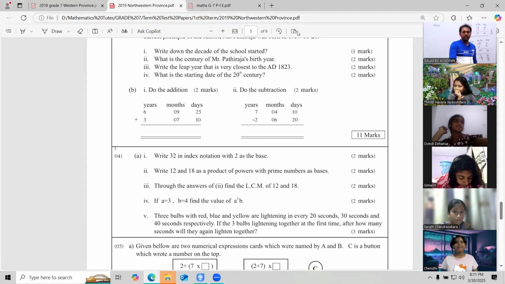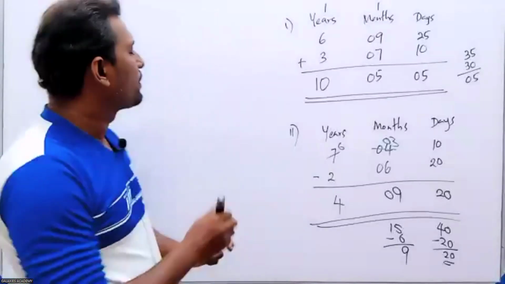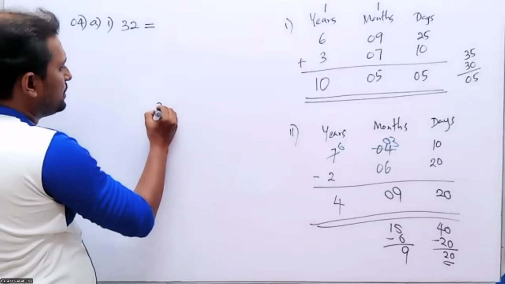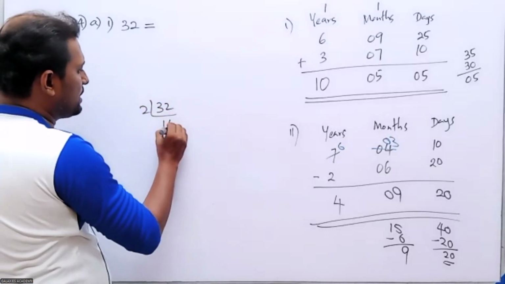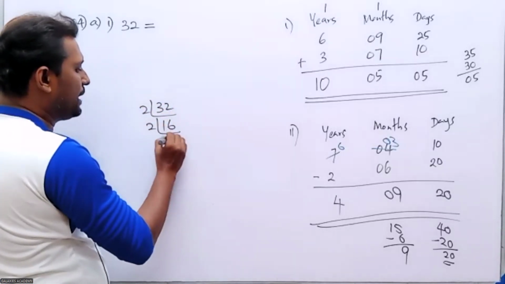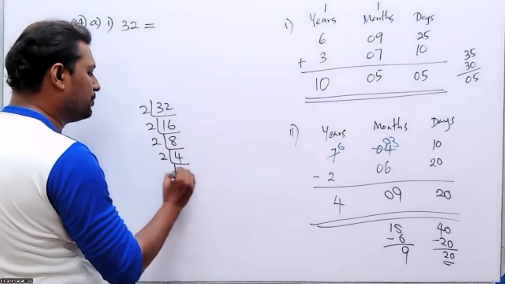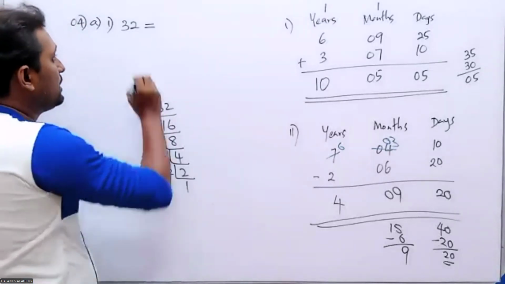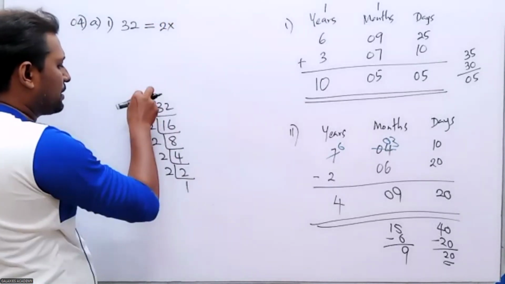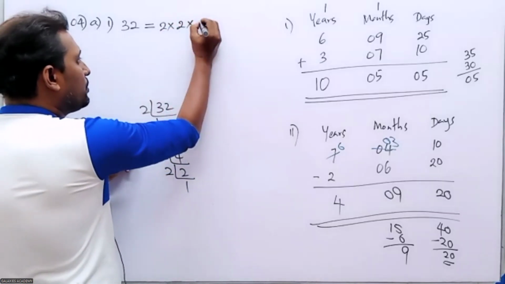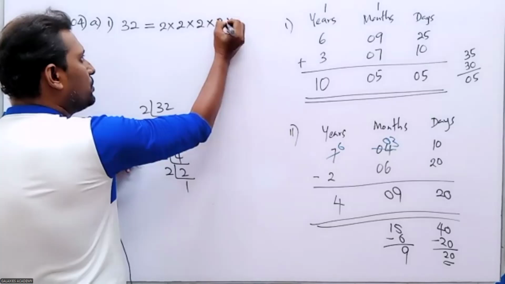What you have to do, you have to divide 32 by 2. 32 divided by 2 is 16, 16 divided by 2 is 8, 8 divided by 2 is 4, 4 divided by 2 is 2, 2 divided by 2 is 1. So 32 you can write as a product of these prime numbers: 2 multiply 2 multiply 2 multiply 2 multiply 2.